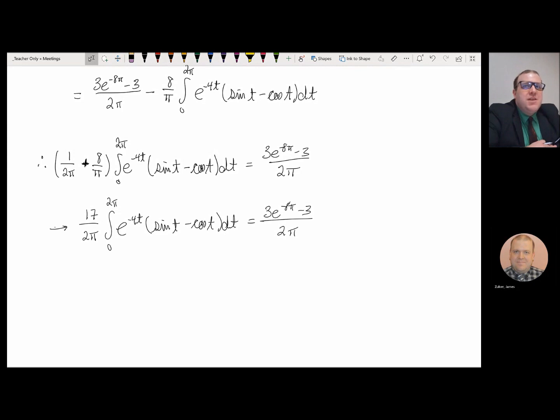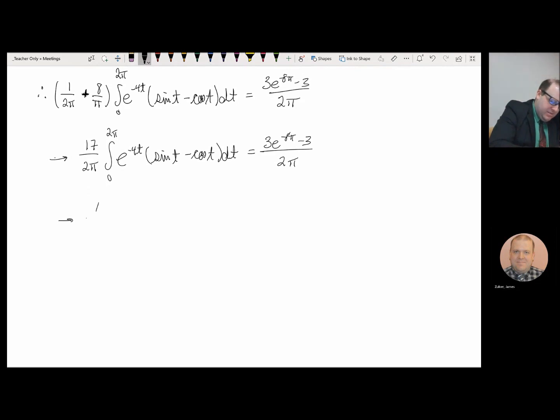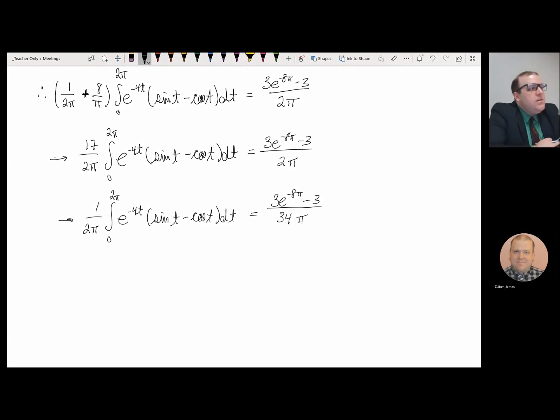We're just going to multiply both sides by 1/17. Three e to the negative 8 pi minus 3, all over 34 pi. There's our average value.